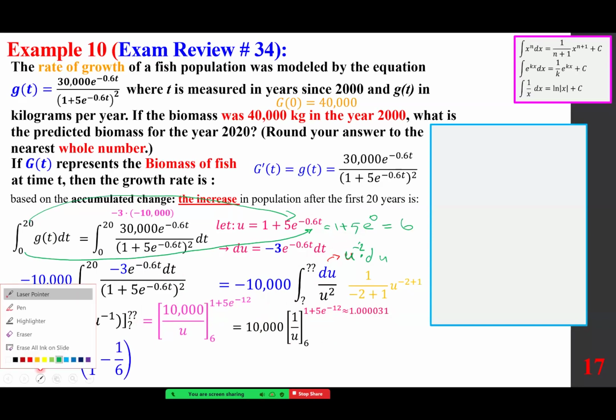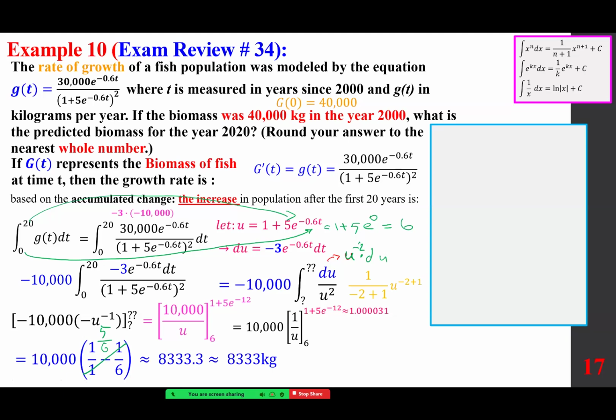And 1 over 1 minus 1 over 6 is 5 over 6, giving us 8333.3. And since we are rounding to the nearest whole number, next to this is 3, so this is not going to change. 8,333 kilograms.